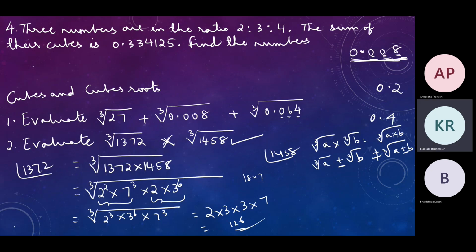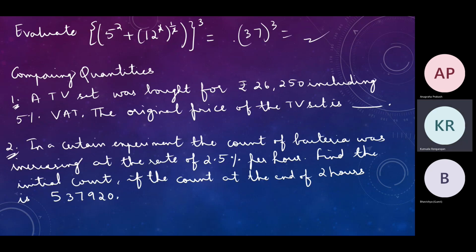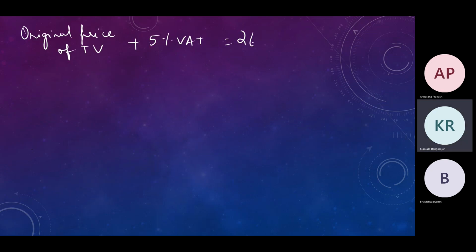So how do you construct the equation out of it? What do we understand? Original price of TV plus 5% VAT. Totally you paid 26,250. That's what is given.